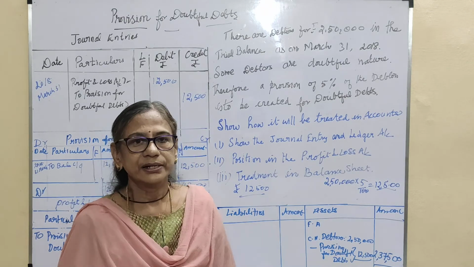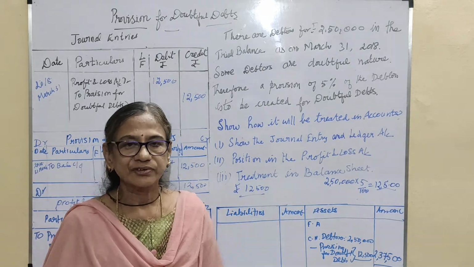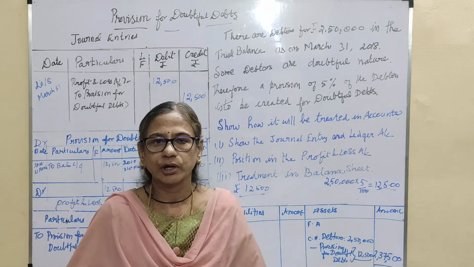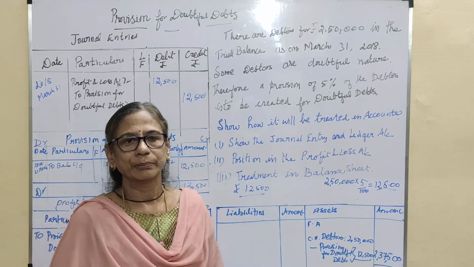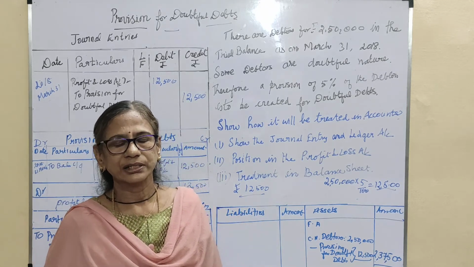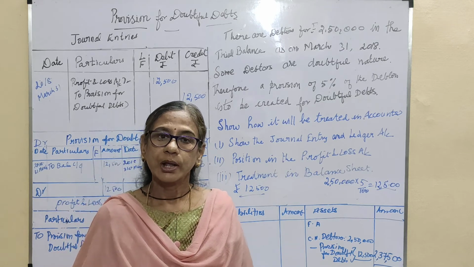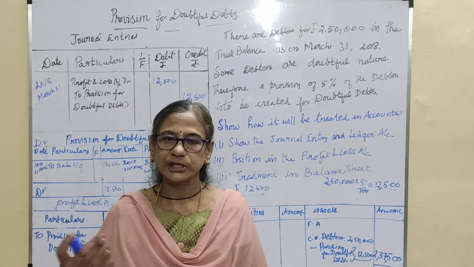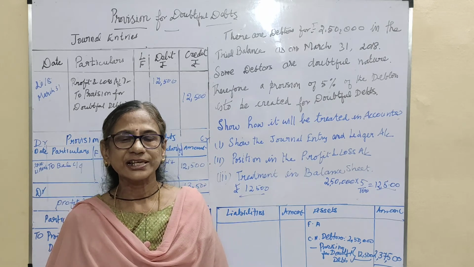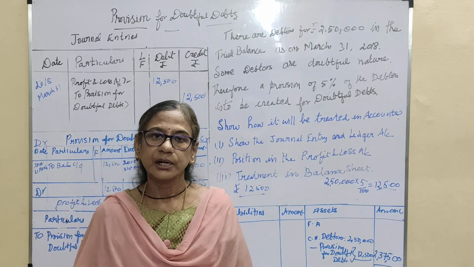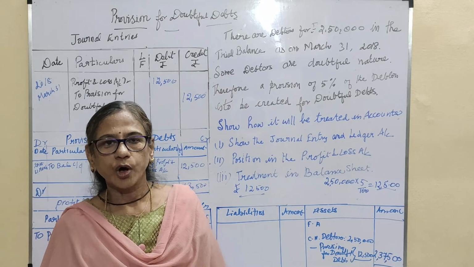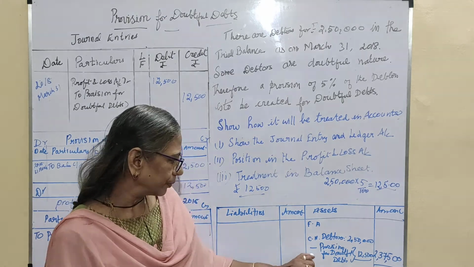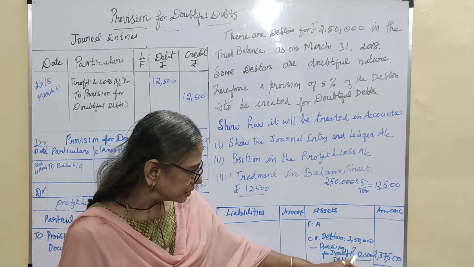Like this, a reserve is also created. A reserve is created from the profits earned, in order to develop the business and to meet some future assignments. Whereas a provision is a charge against loss or expenses. So this is the provision created for doubtful debts only.